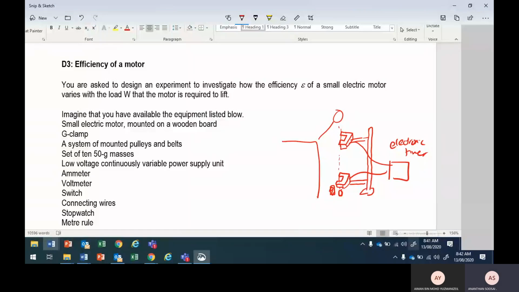Or you can use a stopwatch. If you use a stopwatch, then have a ruler at the side. Ruler clamped with a G clamp to the retort stand. In the description, you see a set square used to make it perfectly vertical.